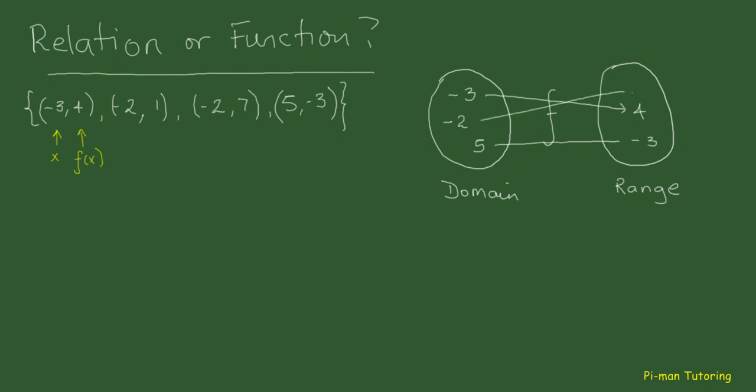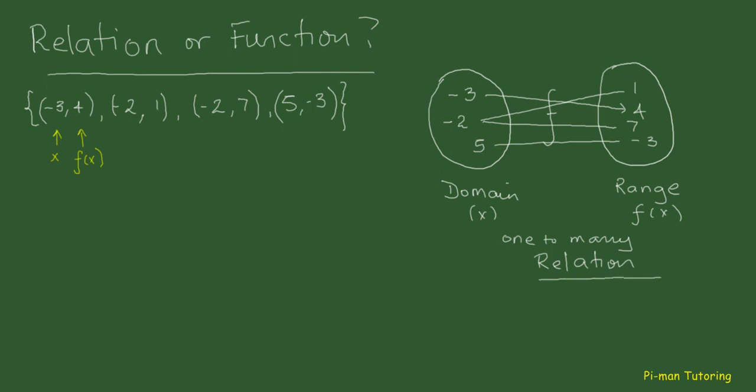It maps to both a 1 and it also maps to a value of 7. And when a given input can produce more than one output, we call this a one-to-many relationship, and this is a relation.